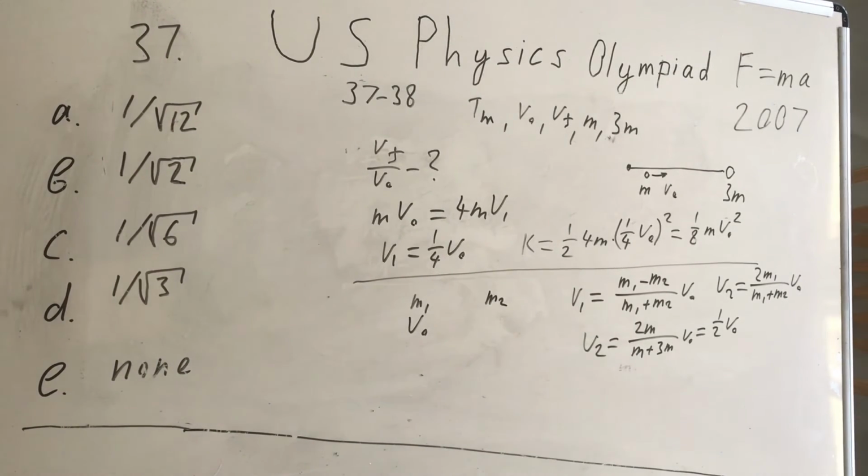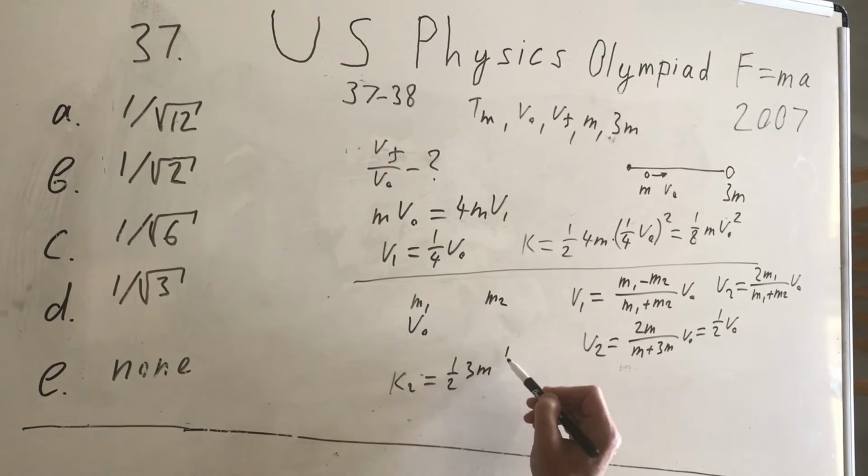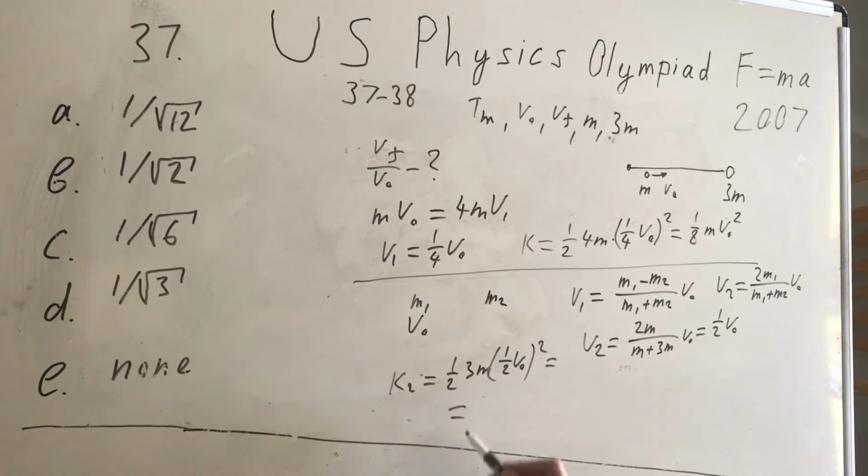That's the speed of our second mass. And we can count the total kinetic energy of this mass. K2 equals 1/2 times 3m times (1/2 v0) squared, which is 3/8 m v0 squared. Okay, that's the kinetic energy right after collision.